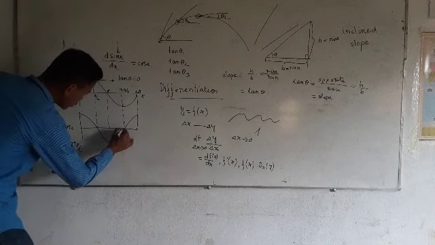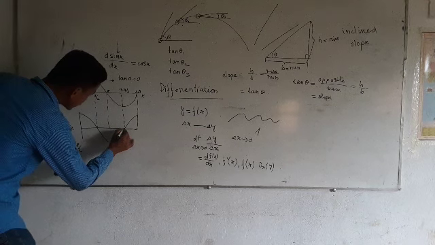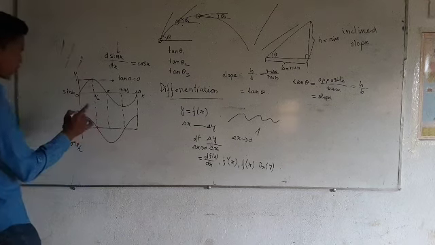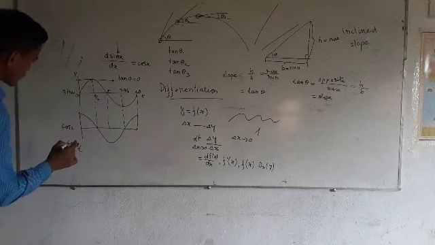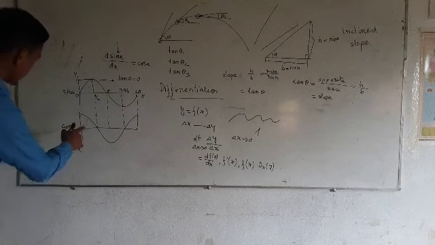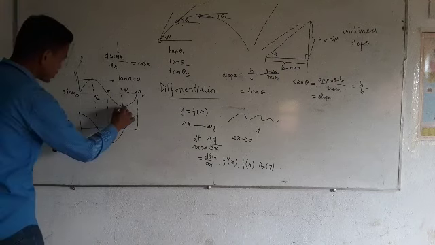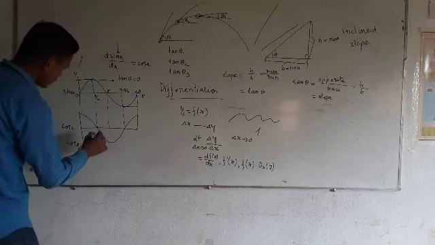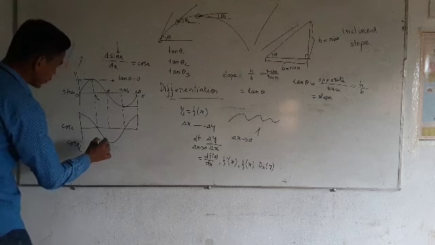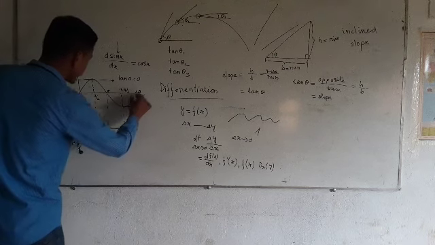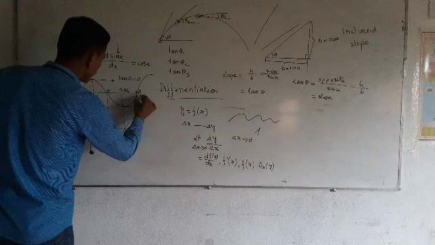Now let's come to the point 3 pi by 2. At 3 pi by 2, the slope is, okay, what's that? I just want to take out the points, like here. It will come like this.